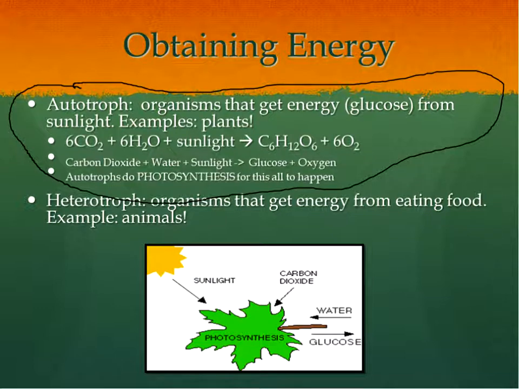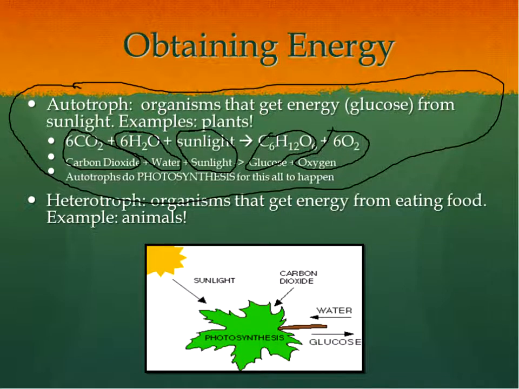They take in carbon dioxide, they also take in water, and they also take in sunlight. So those are the three things that plants or autotrophs take in. And the two things that they make are glucose and oxygen.